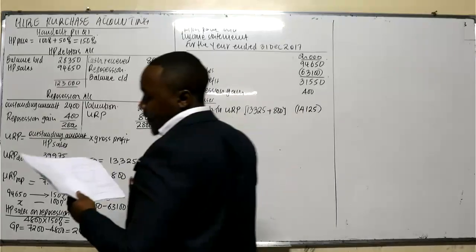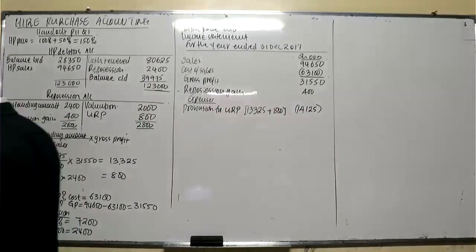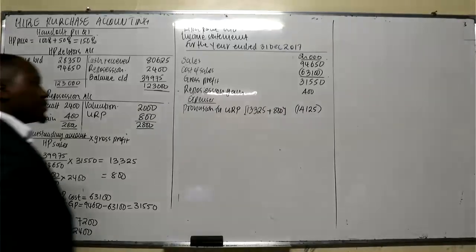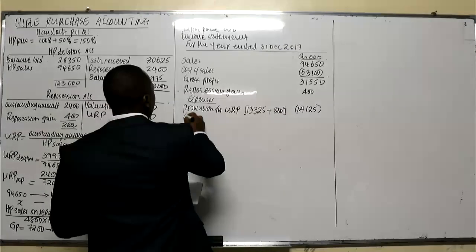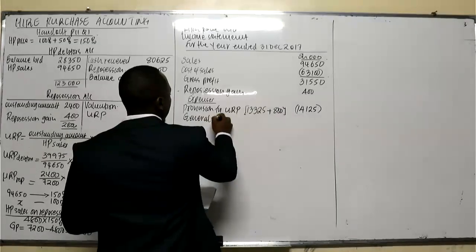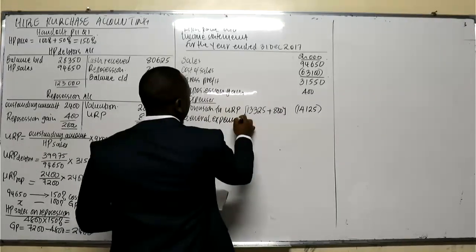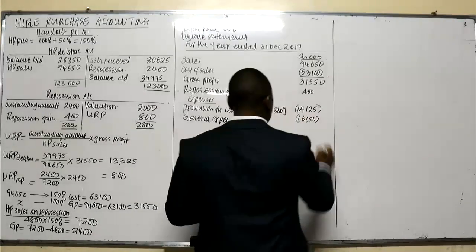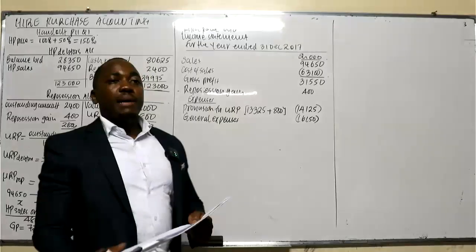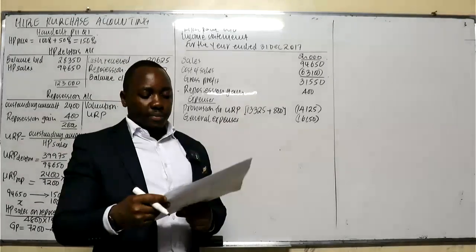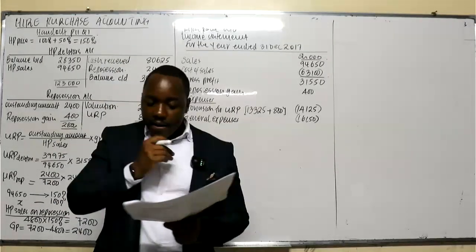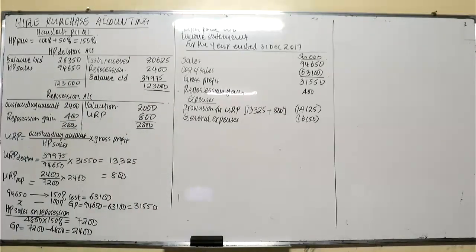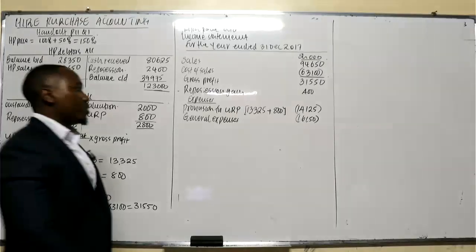And then let's go back to the trial balance. Can you see any other expense? The second last item, what do we have? Yeah, there was general expenses, an amount of 16,150. Number five. Provision for depreciation on non-current assets were to be provided at the rate of 10% per annum on cost.